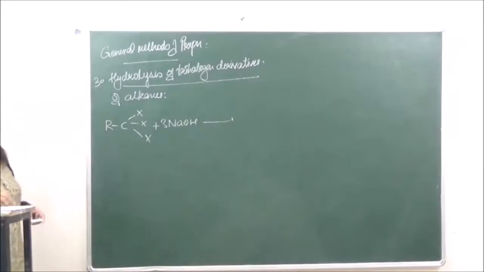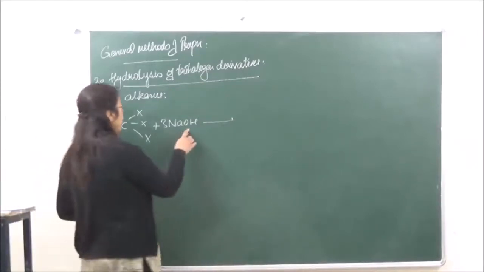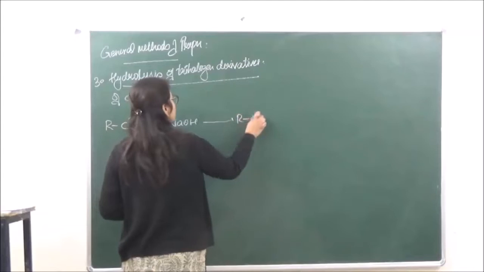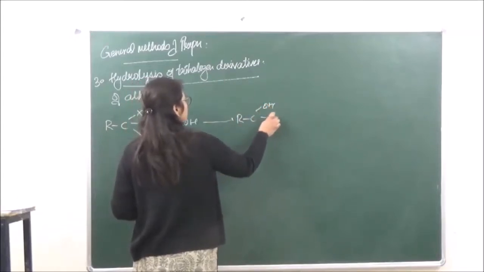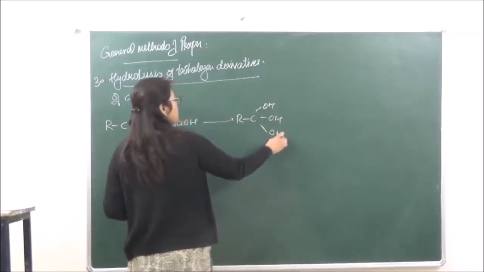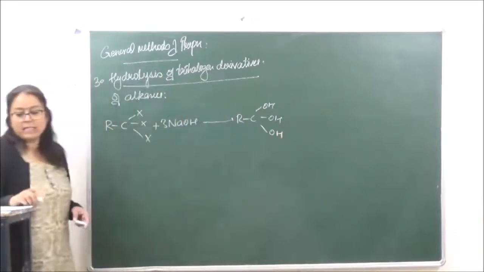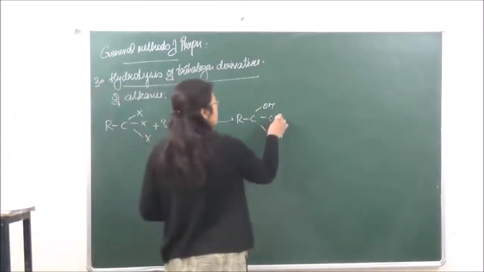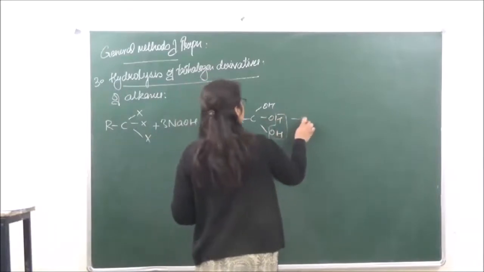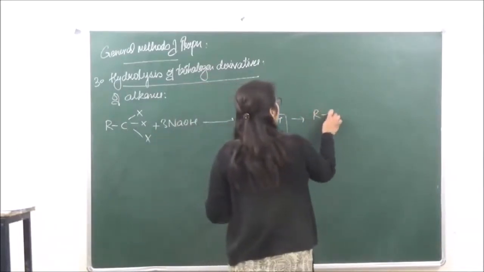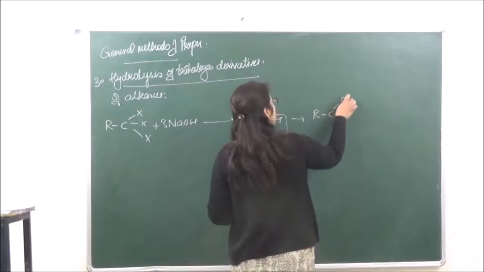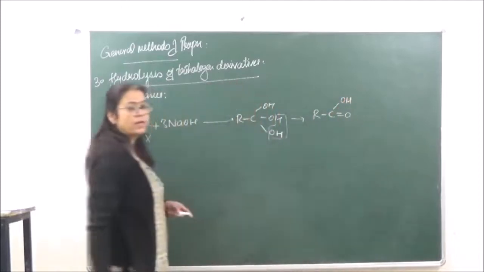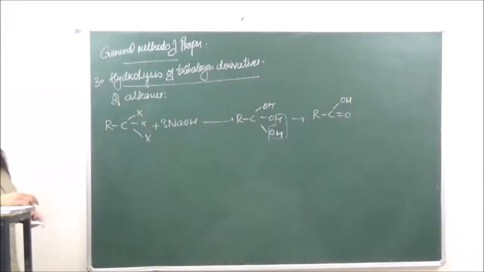All the X get substituted by the OH group, so we have RC(OH)(OH)(OH). Now this is going to be highly unstable as it will lose a water molecule. So it loses a water molecule to give us the respective acid, which is RC double bond O and OH. Okay? So this is how we can get it from the trihalogen derivatives of alkanes.